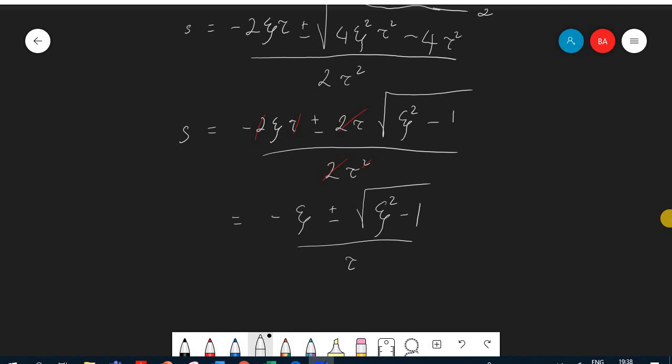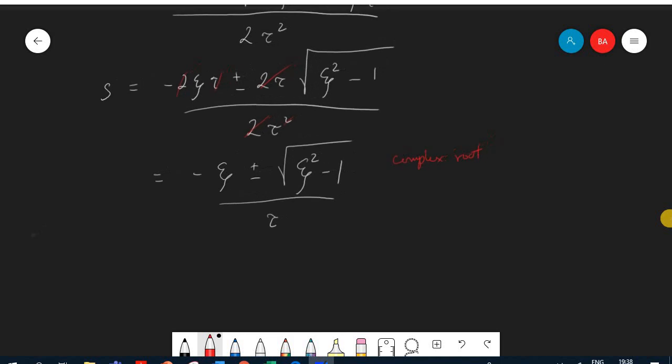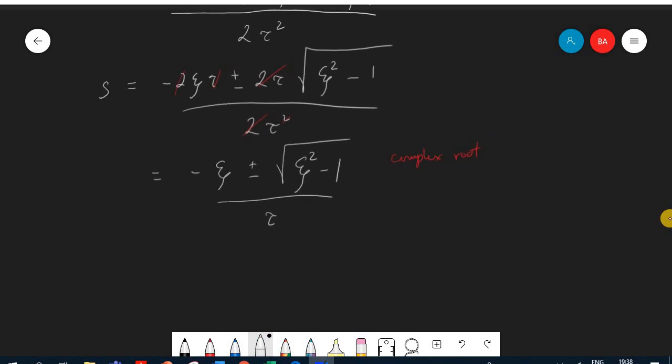Looking at the equation here, we can do a good analysis of what we are trying to target. The analysis says that we are going to have a complex root in the case that xi squared minus 1, the term under the root, is less than 0.